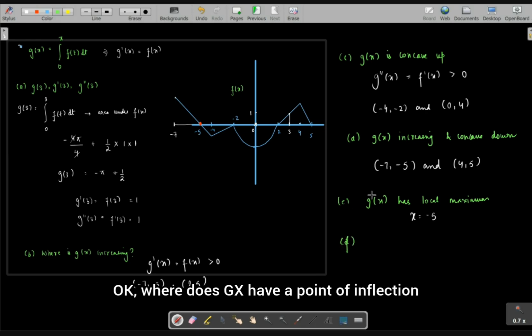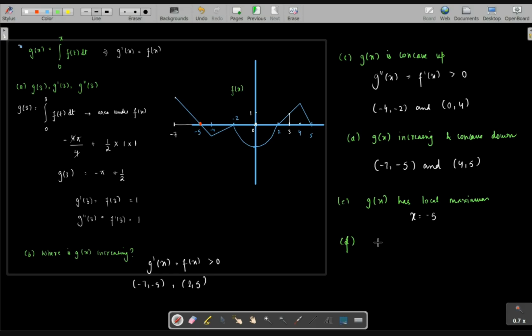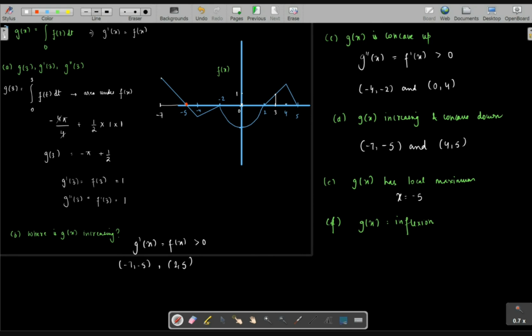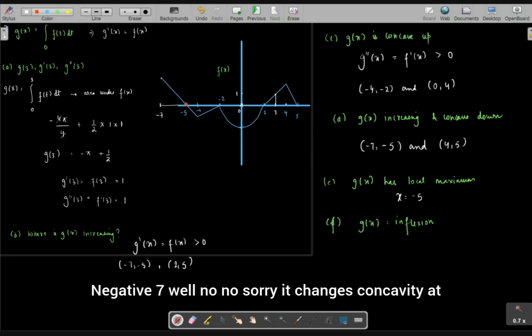Okay, where does g of x have a point of inflection? So where it changes concavity. So that would mean g double prime of x, which equals f prime of x, has to be negative. So it changes concavity at -7? Well, no, sorry.